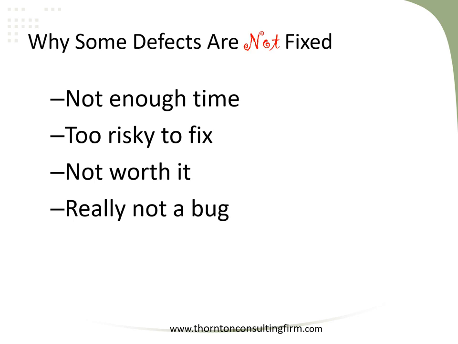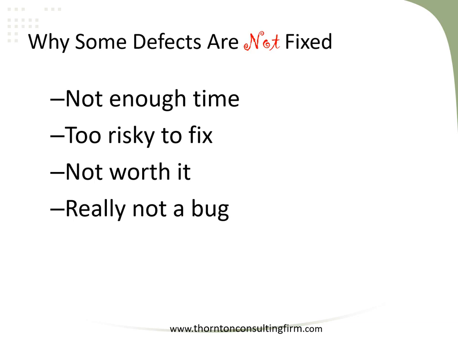So why are some defects not fixed? Well, sometimes it's just not enough time. And in this case, that defect would be put into a deferred status. Now, generally, the project team, the project managers, and the business owners will have the final say on which defects will be deferred.